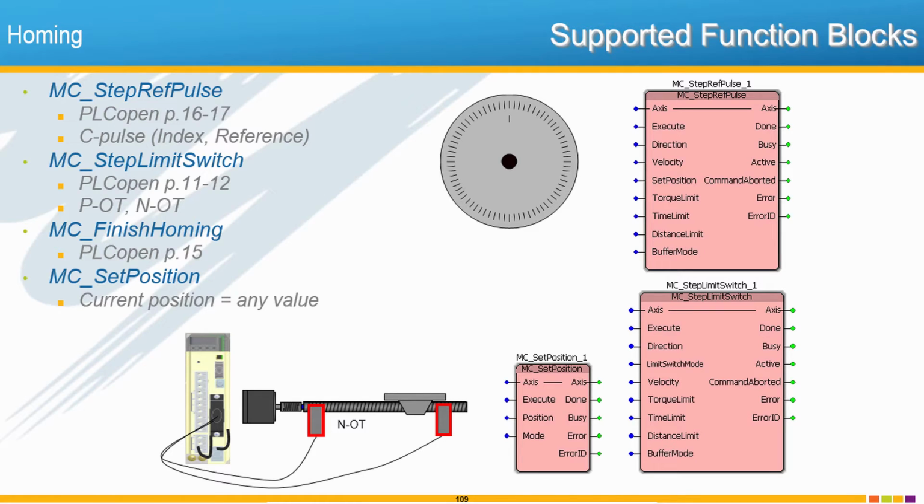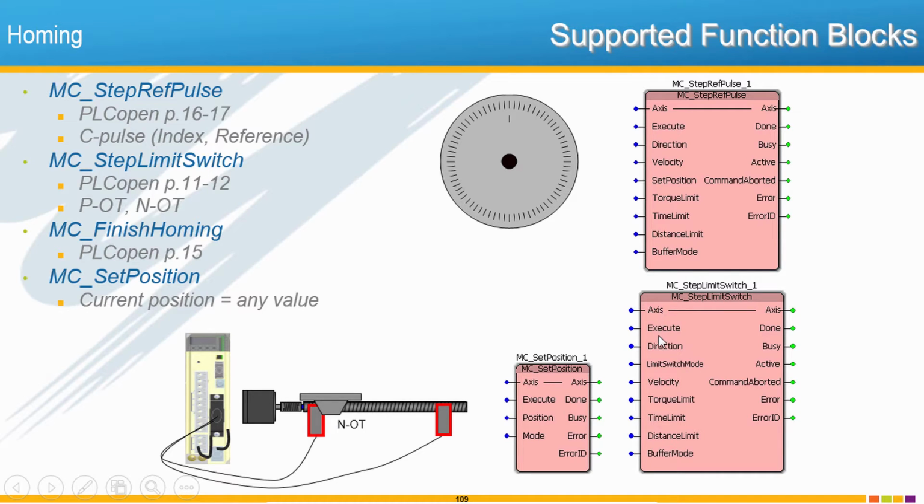MC step limit switch applies to homing specifically to the overtravel inputs that with Yaskawa are wired to the servo itself. In my little animation, MC step limit switch would look something like this, where it moves toward the negative overtravel and then abruptly stops at the limit switch.